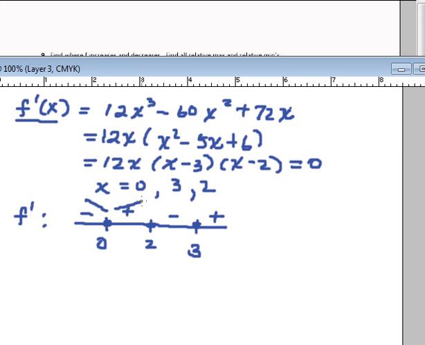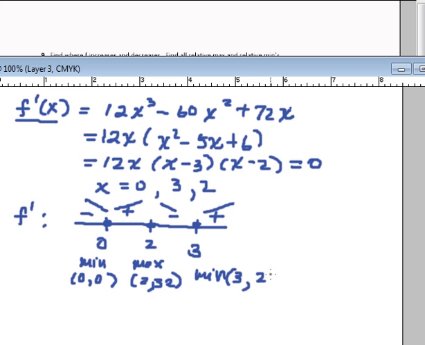So our function is decreasing, increasing, decreasing, increasing. So we have a min at 0, 0, a max at 2, 32, and a min at 3, 27. We get these values by substituting into the original function: this is f of 2, and this is f of 3.